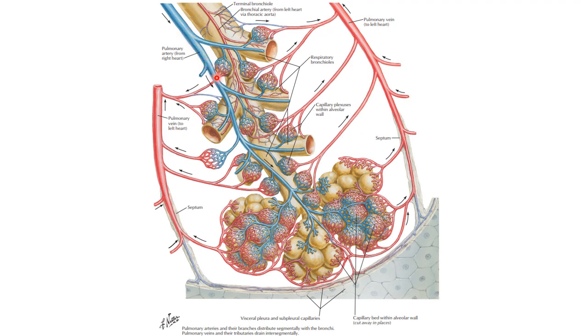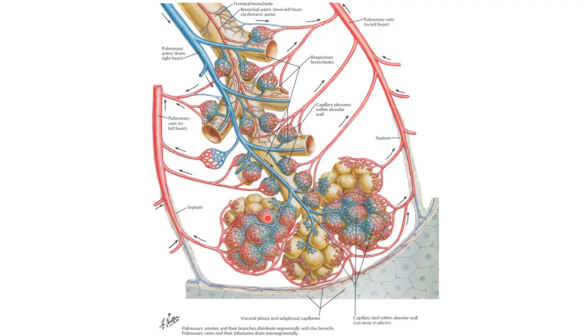As it goes deeper into the lungs, it divides, and eventually, it comes in contact with the alveolus, which contains air inside, and the pulmonary artery at that level, surrounding the alveolus, now becomes a pulmonary capillary.